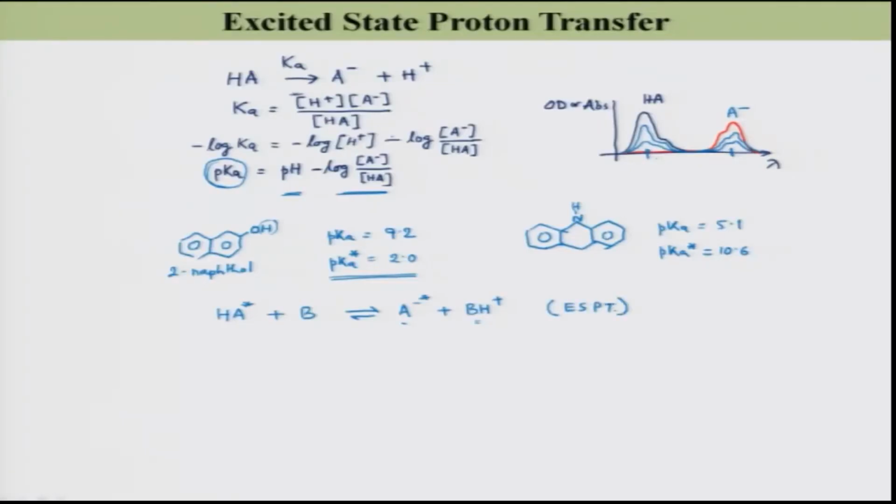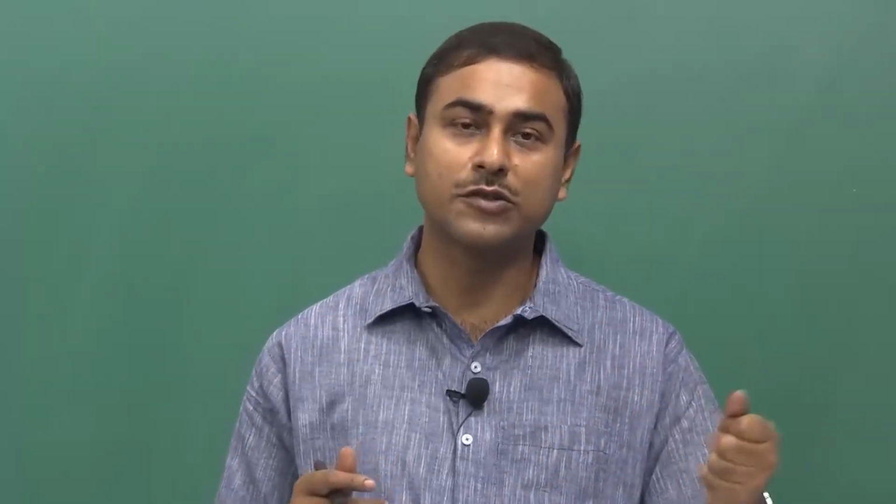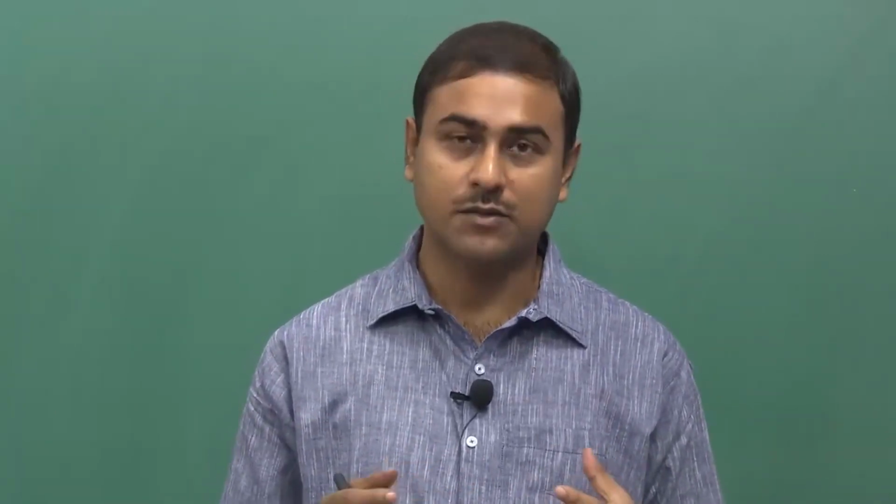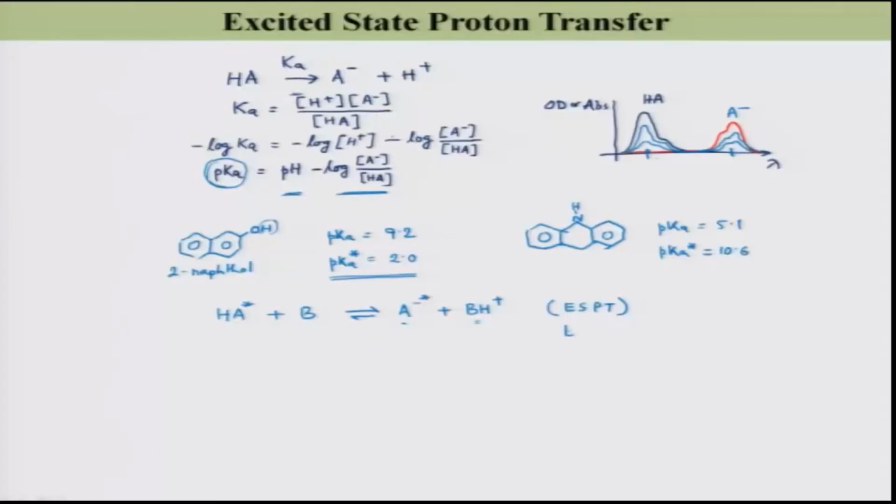Now, if it is within the same molecule, where one part of the molecule is the proton donor and the other part is the proton acceptor, then it is known as excited state intramolecular proton transfer, denoted as ESIPT, but we are not going to discuss this one in this course. We will only discuss this part.